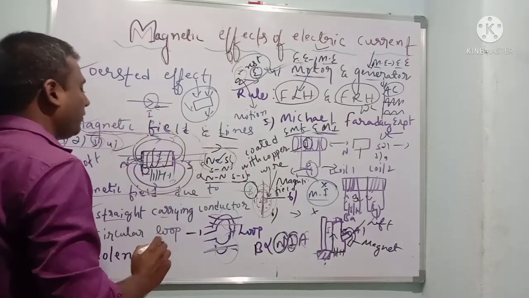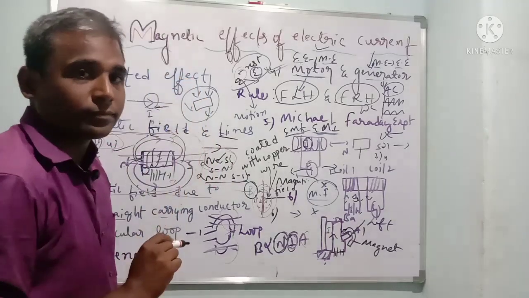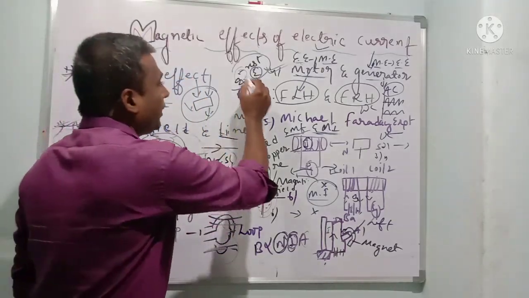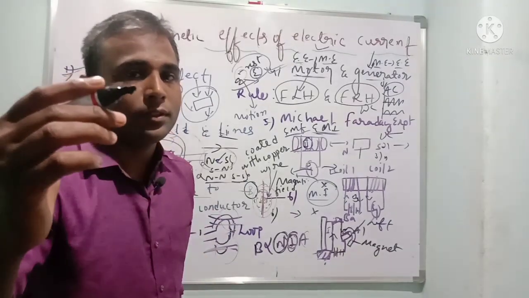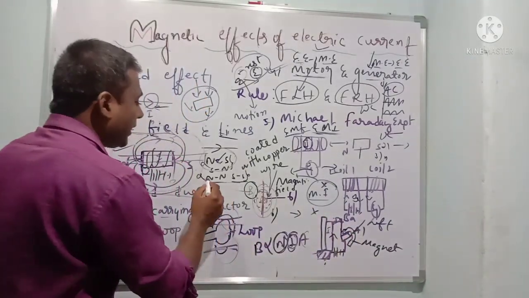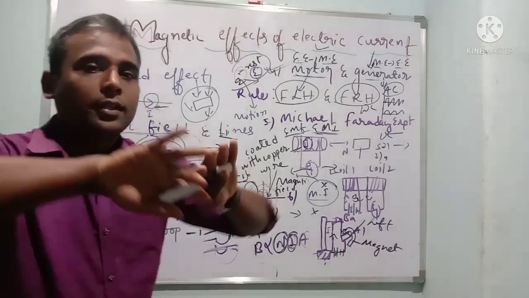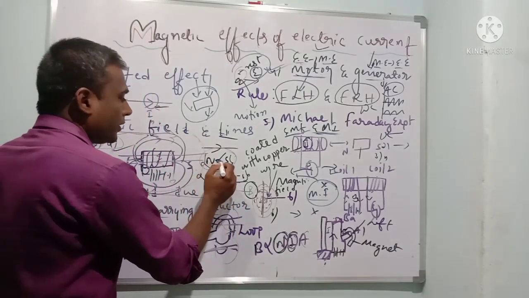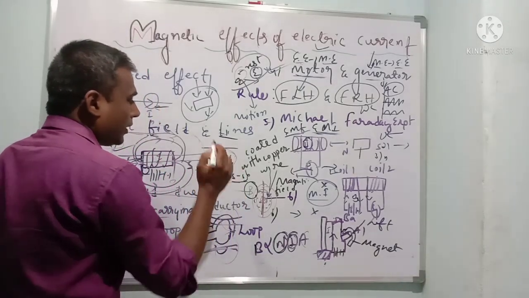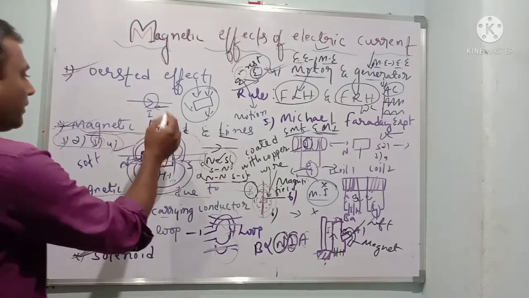The region surrounded by the magnet or of a moving charge experiences a kind of force: like poles, north north, south south, repulsive. Unlike poles, north south, south north, attractive. So this is about magnetic field.